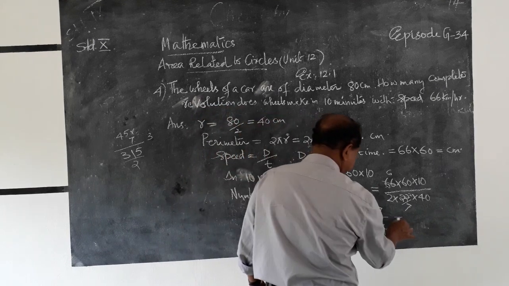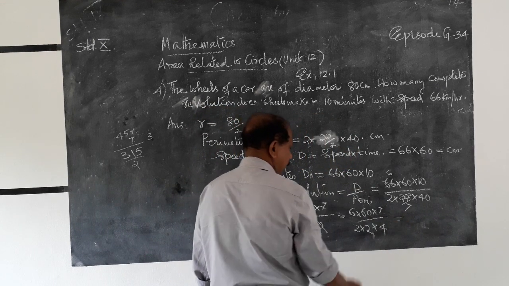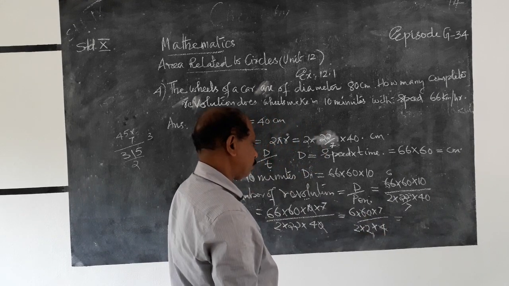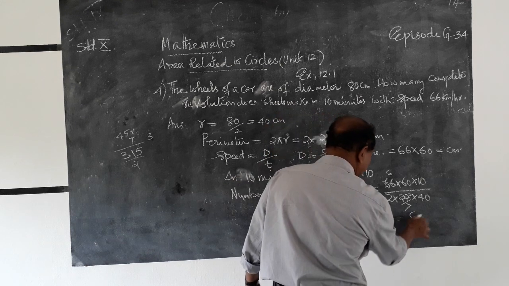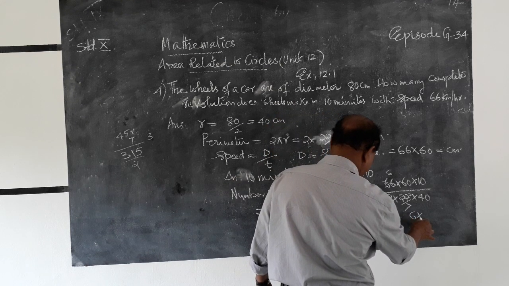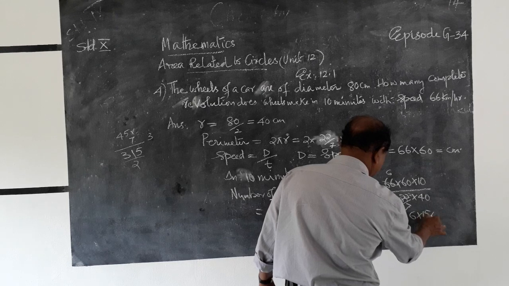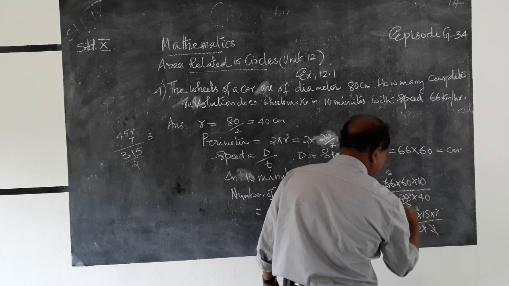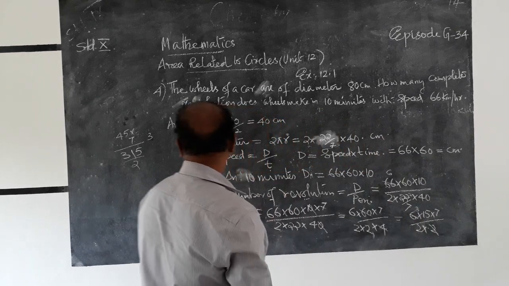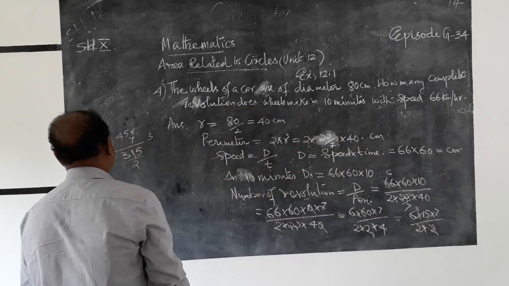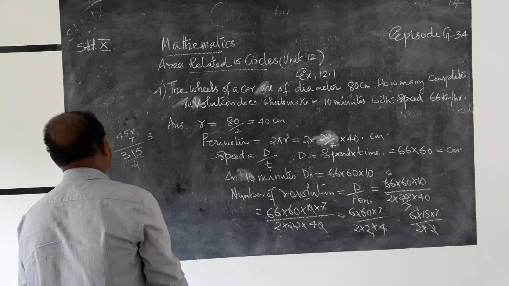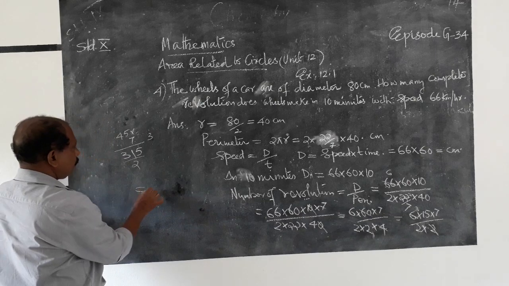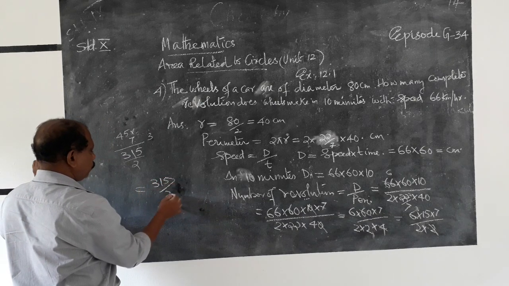Then 4 and 60 cancel. 6 into 15 into 7 divided by 2 into 2. 2 and 6 cancel, that is 3. 45 into 7 is equal to 315 by 2.